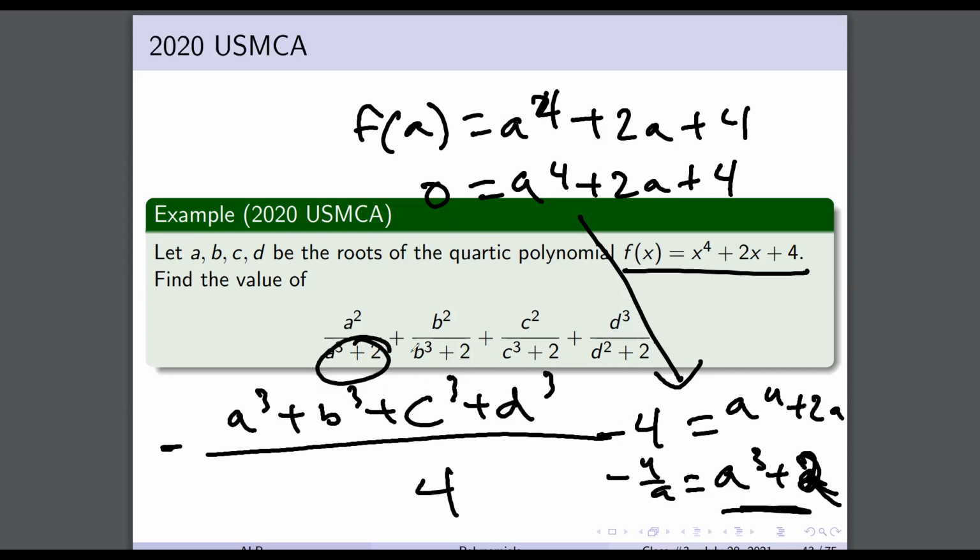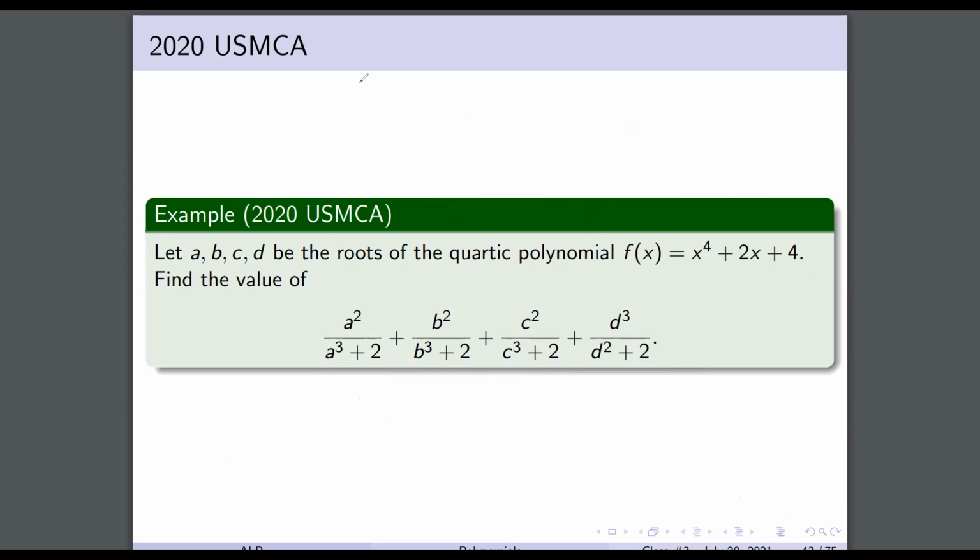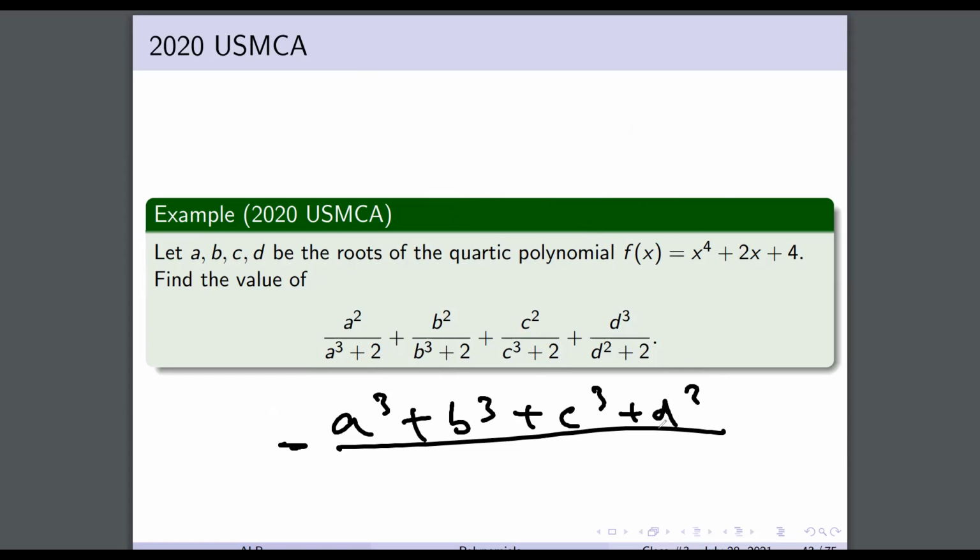Now this is what we want in the bottom here, so we plug it into every single one. Negative 4 over a, negative 4 over b, and at the end, we're going to be left with negative a cubed plus b cubed, all over 4.